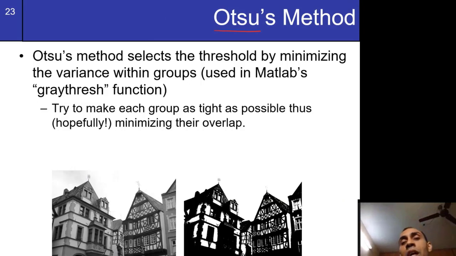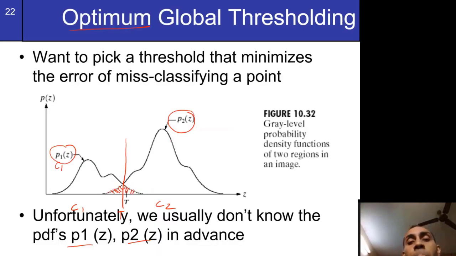One method which tries to approximate this optimal classification was given by Otsu long back, and most of the time it is the method used in MATLAB and OpenCV functions. In MATLAB, if you use the graythresh function, it implements Otsu's method. The idea is that it selects the threshold by minimizing the variance within groups.